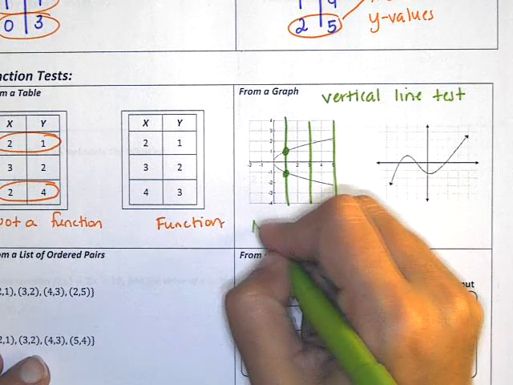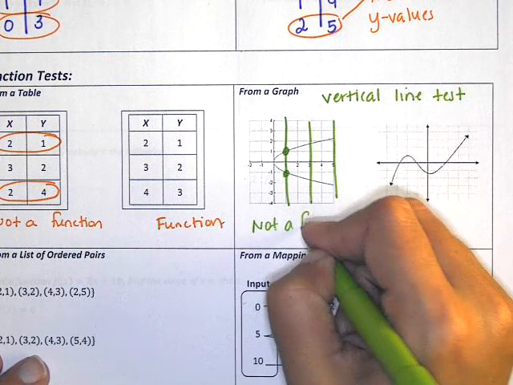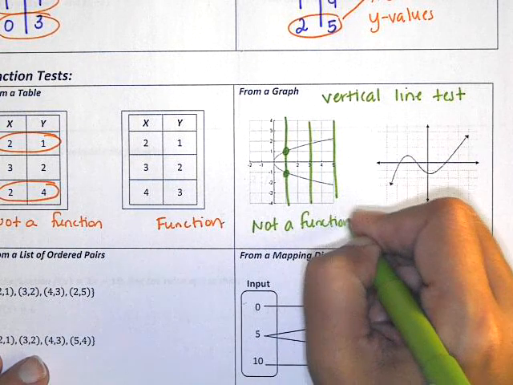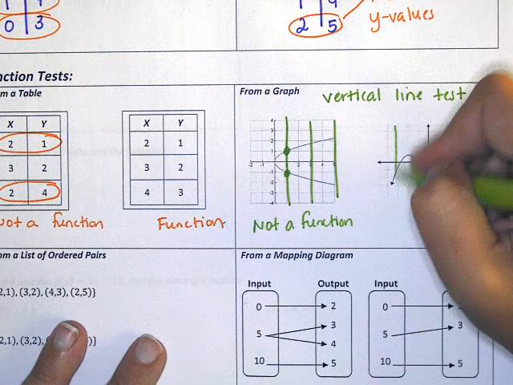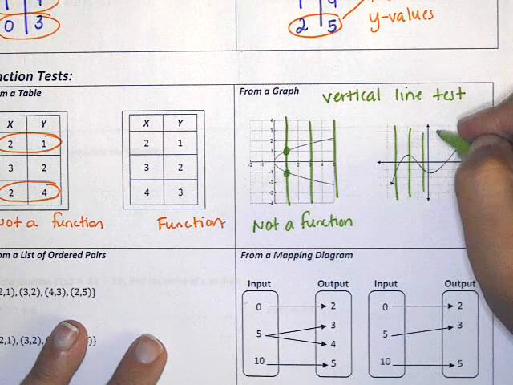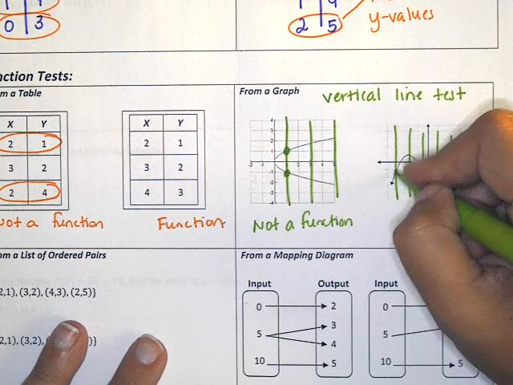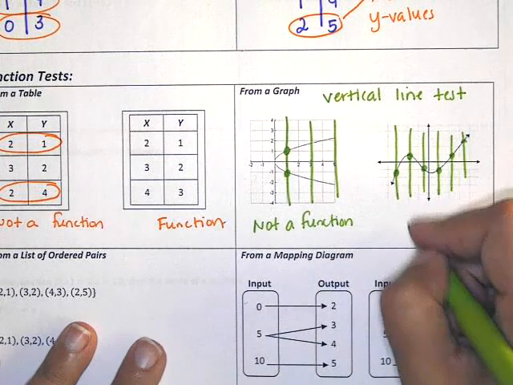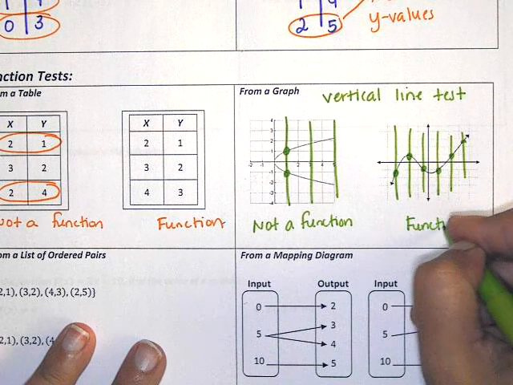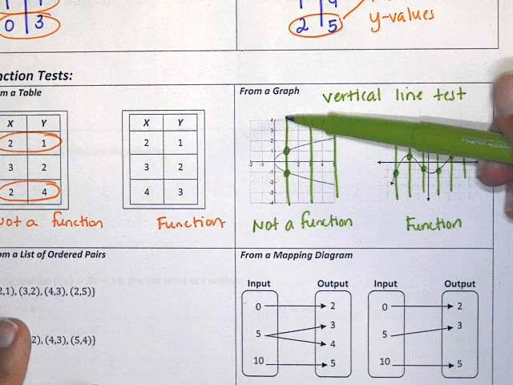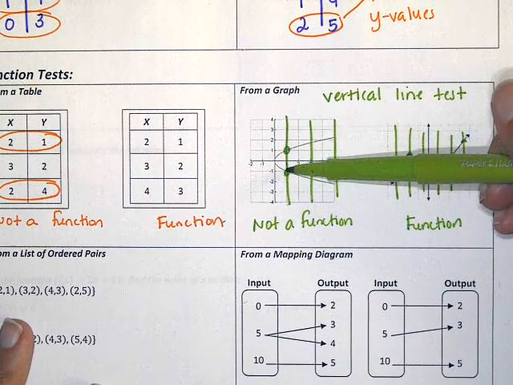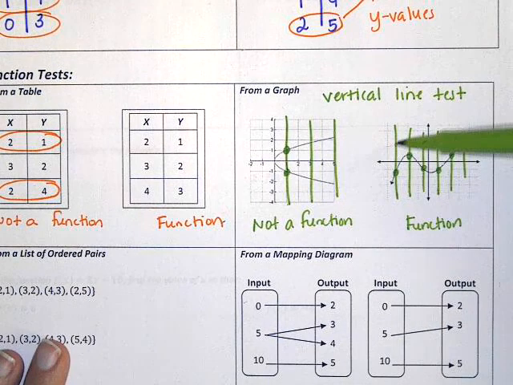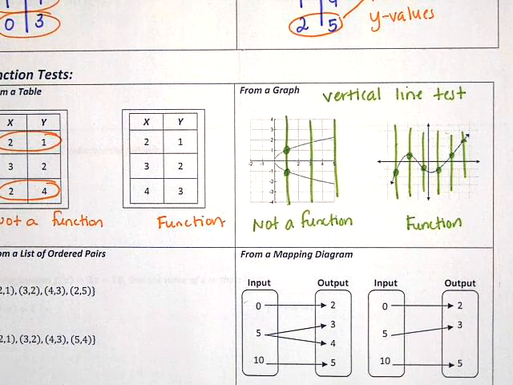We would say not a function. Whereas if you can draw vertical lines, and no matter where you draw them, each of those lines only crosses in one spot, that would be a function. So think about this as this line is trying to go to two parties. He's not allowed to do that. Whereas each of these lines is only going to one party.